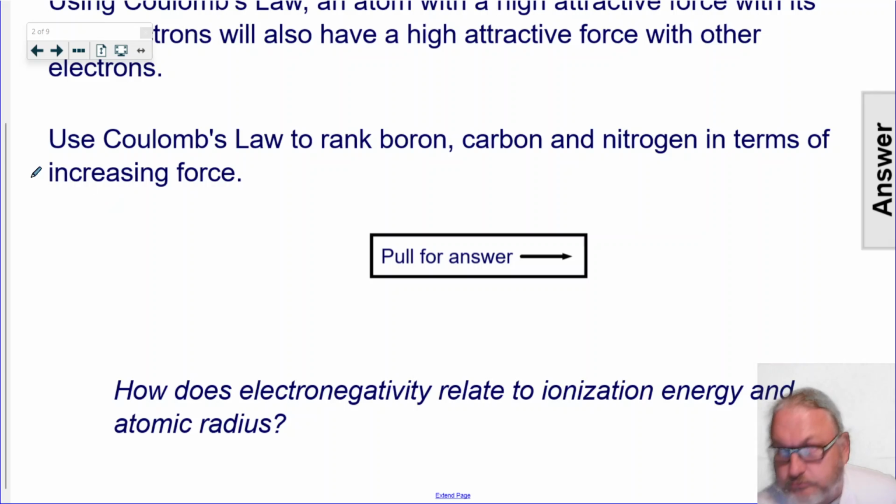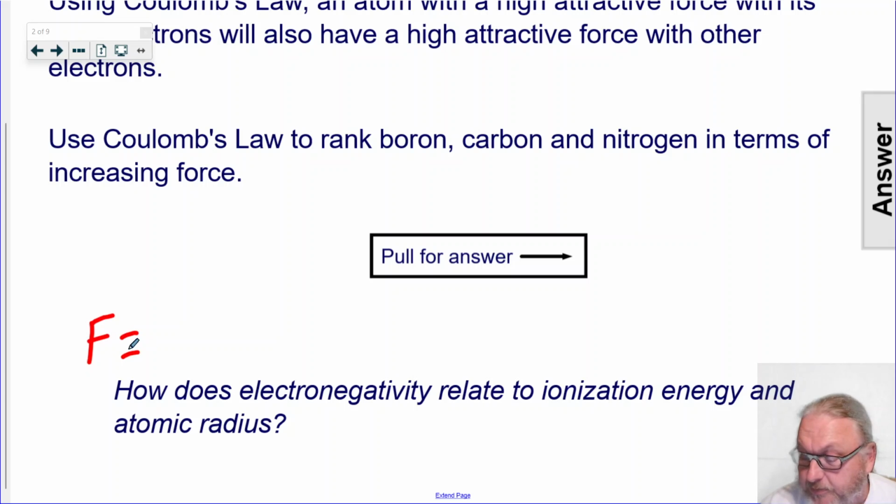If we wrote out Coulomb's law for boron, it'd be force equals, boron's got a Zeff of 3, so 3 k e squared over r squared.